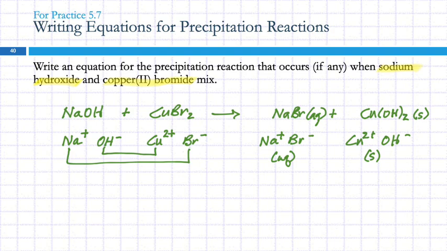What else do we need to do? We need to balance the chemical reaction. So I'm going to try to kind of illustrate it on this one. So we had written 2 bromides earlier because for every 1 copper, there was 2 bromides, right?